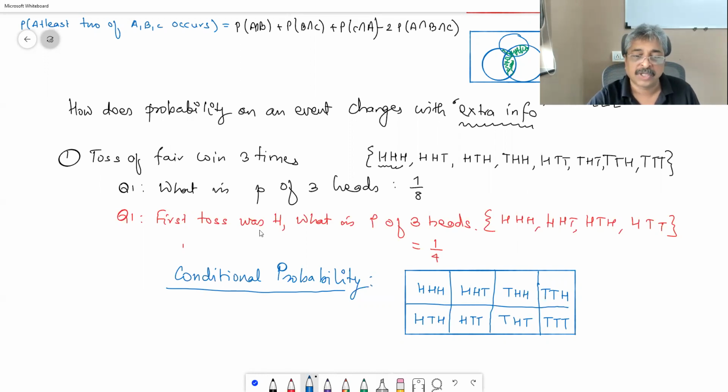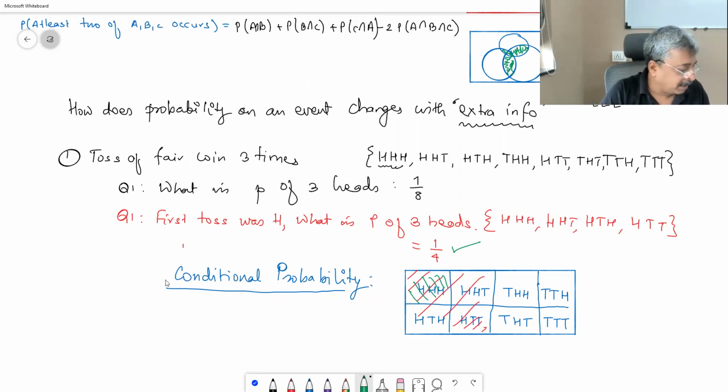However, the first toss was head, that information is given to you. Now you are looking at only these 4, and the favorable is 1 out of 4, and therefore this is the conditional probability.